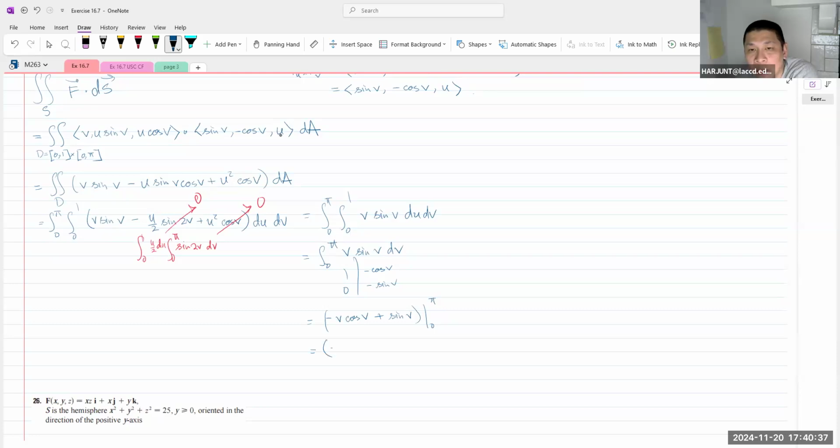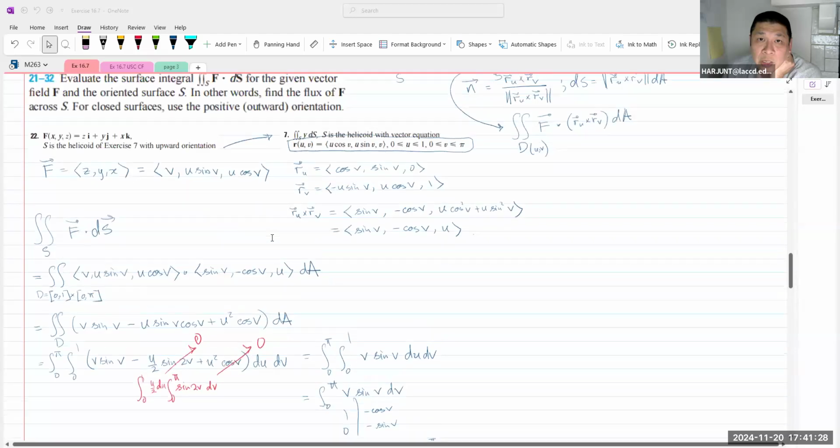At pi, that would be negative pi cosine pi, so that's negative pi times negative 1, plus 0, minus, when phi equals 0, that's 0 plus 0. So the answer is pi. Okay.